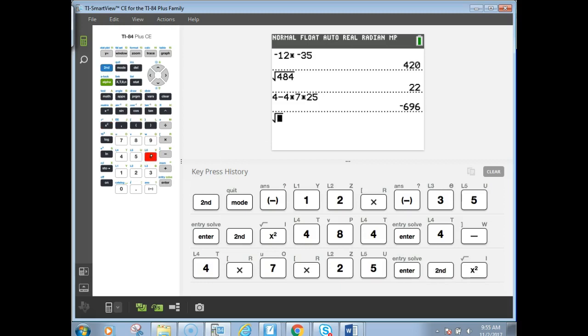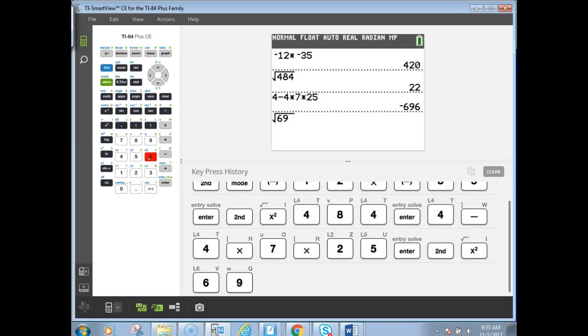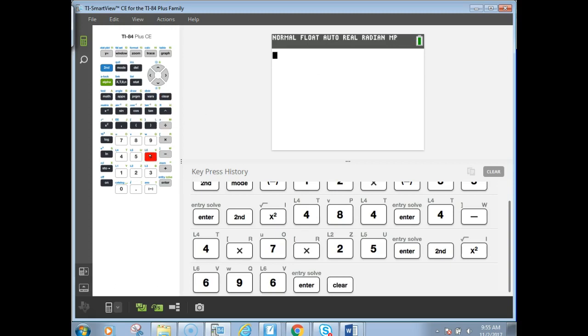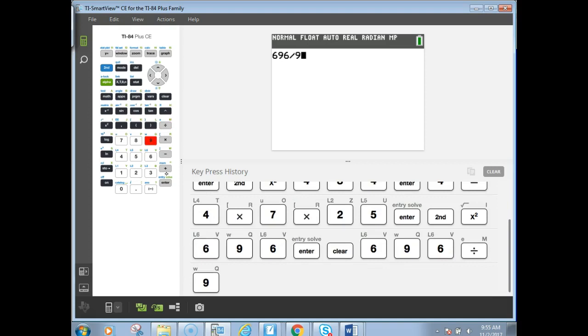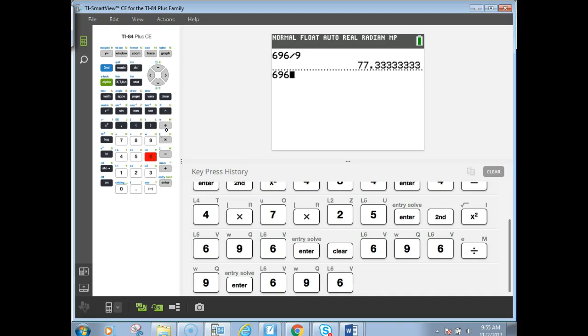I just want to check if 696 is a perfect square. Nope. Ew. What does 696 divide by? I have the right number, right? Okay. I'm going to try dividing by 9. I don't know, it just looks like it might work. Nope. What's half of that?